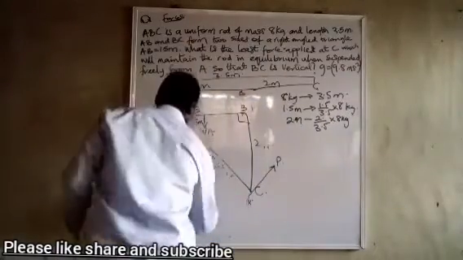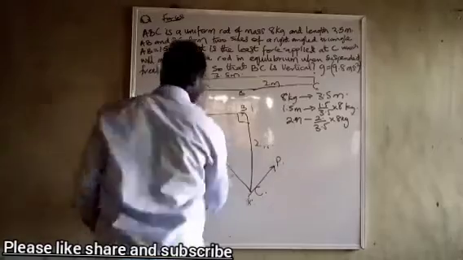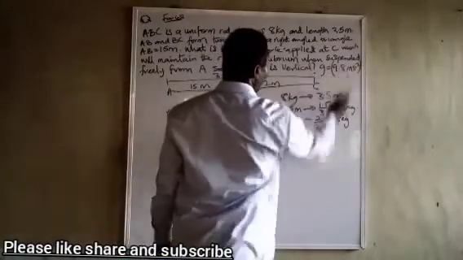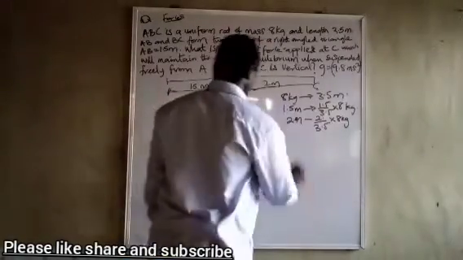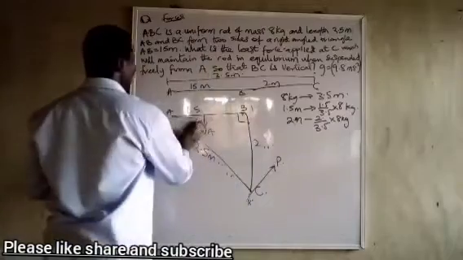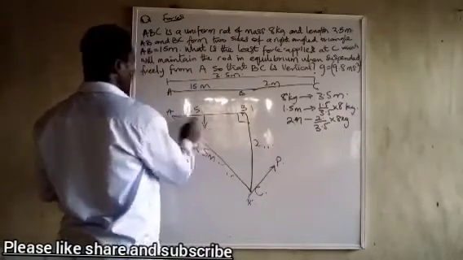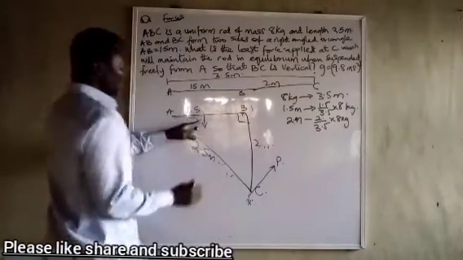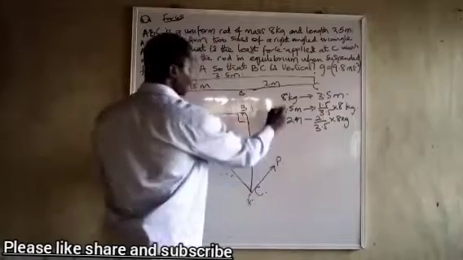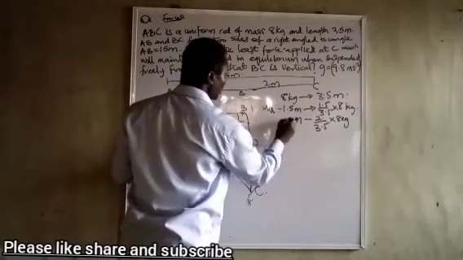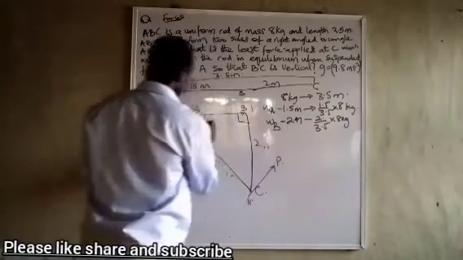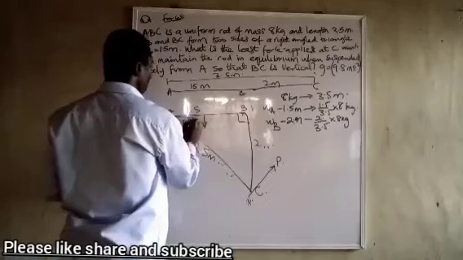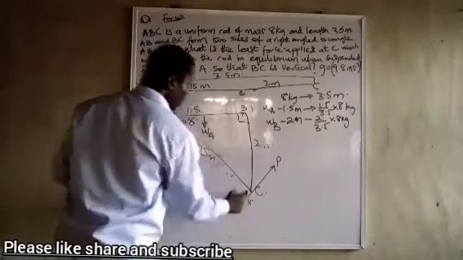And we know that our g, acceleration due to gravity, is 9.8. Therefore, the middle of this one is 0.75 from A, and that is where the weight of this one will act. So let's call this one WA, and this one WB. So WA will act here, 0.75 from A. That's WA. WB will act here.